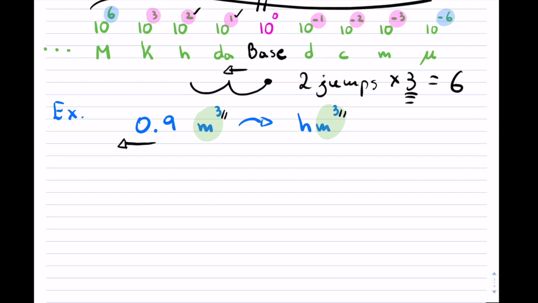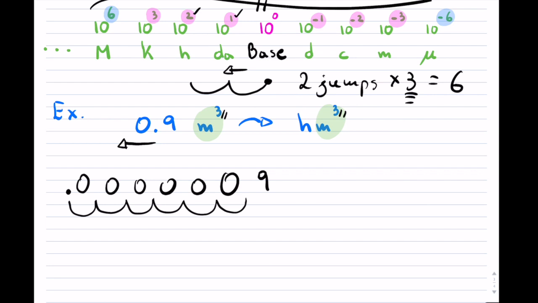So that means that I am actually, in this case, going to move 6 decimal spots, which is going to look very odd, but that's exactly what happens. 1, 2, 3, 4, 5, 6. So this is where your decimal spot will end up, and you have to fill in your zeros, and that would be the answer.